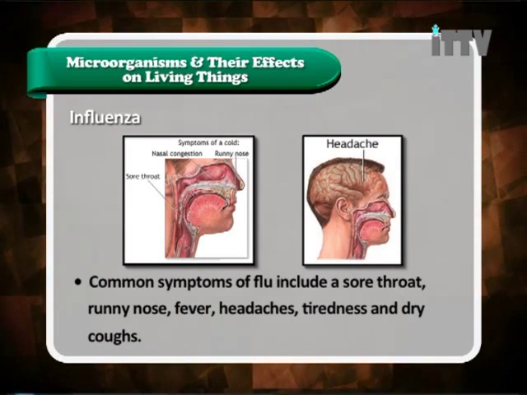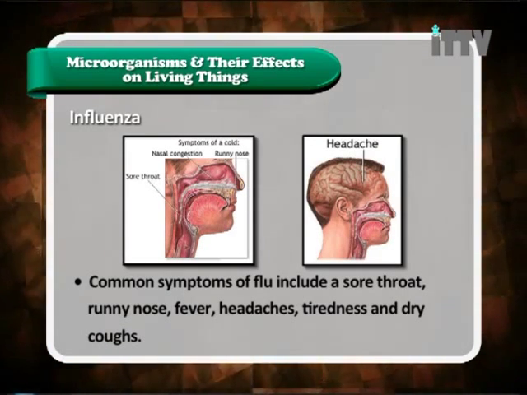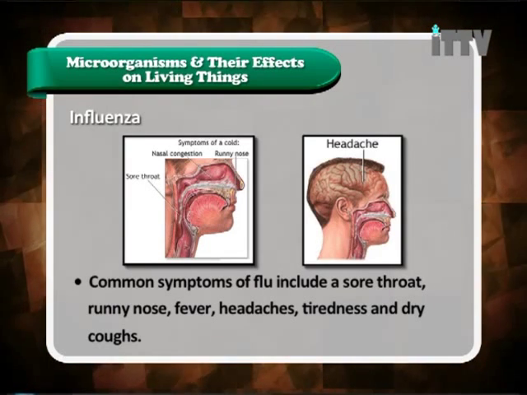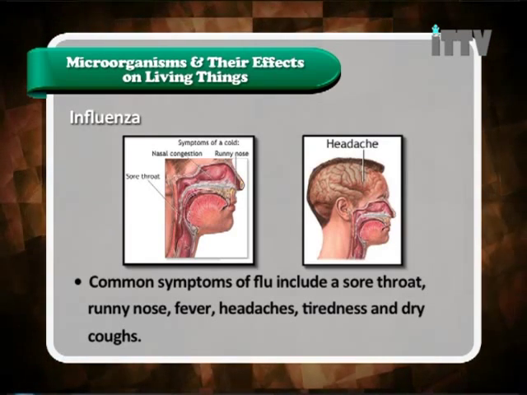Common symptoms of flu include a sore throat, runny nose, fever, headaches, tightness, and dry coughs. So influenza is airborne, and on top of that we have seen the symptoms of influenza. This is something common and I guess you know all those symptoms. Let's look at the next one, that is dengue.